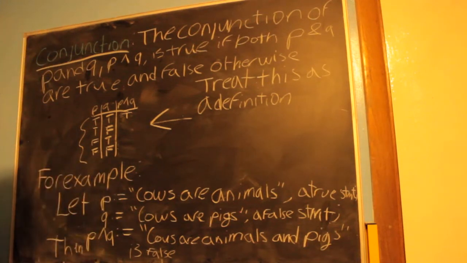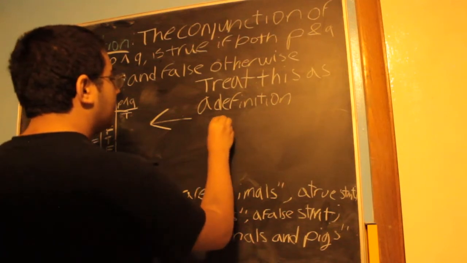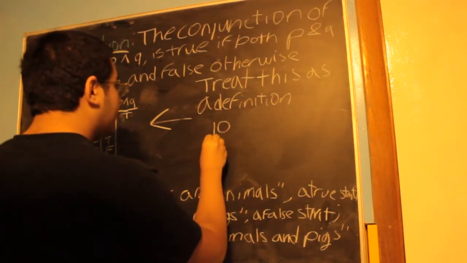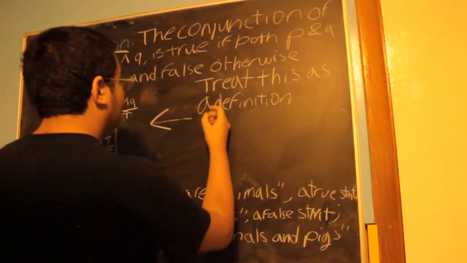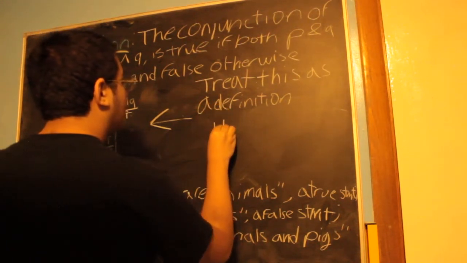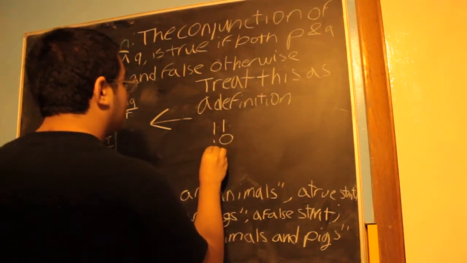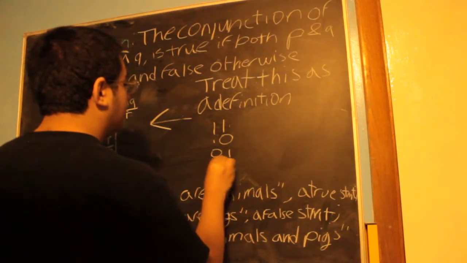Why is it counting down in binary? Well, because this is 2. This is 3, this is 2, this is 1, and this is 0 in binary.